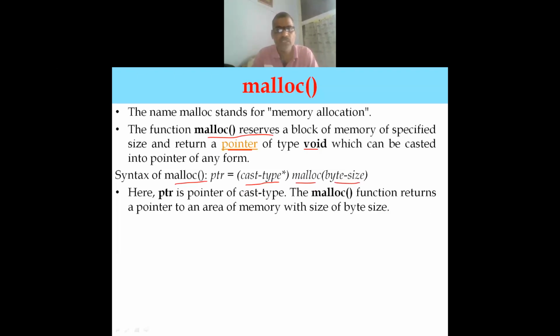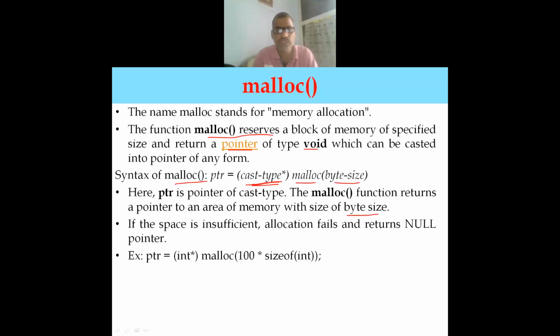Here ptr is a pointer which we convert into the cast type. The malloc function returns a pointer to an area of memory allocated of the given byte size. If the space is insufficient, allocation fails and returns a null value to the pointer.